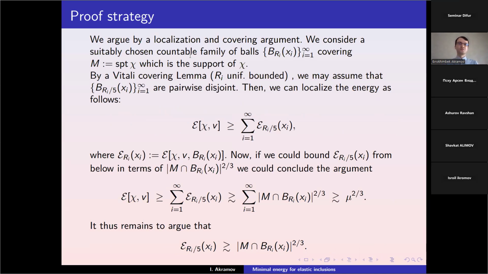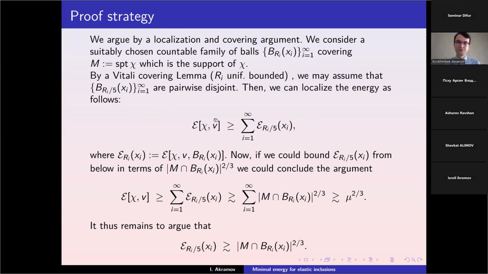Okay, this is the proof strategy. First, we argue by localization and covering arguments. We consider a suitably chosen countable family of balls B(Ri, xi) covering the support of chi, and by the Vitali covering lemma, since Ri is uniformly bounded, we may assume that the balls B(Ri/5, xi) are pairwise disjoint.